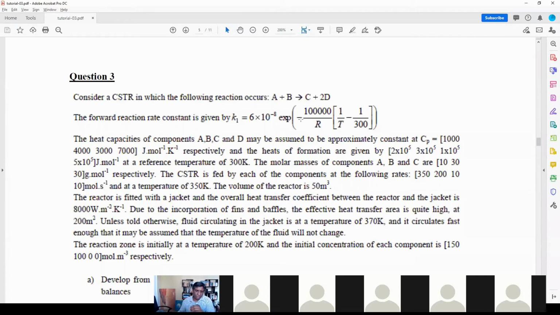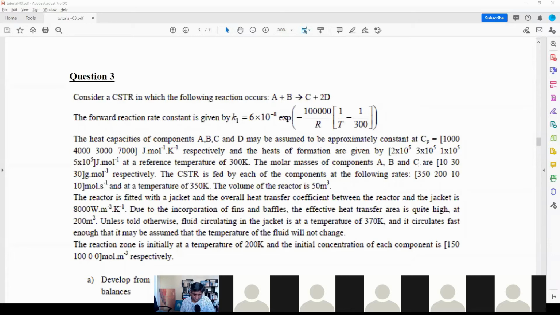And then we are given all the kinetics, fully specifying the kinetic rate constant here. I think we are assuming this is an elementary reaction. So anyway, let's read it properly. We are given the heat capacities of each of the 4 species, the heats of formation as well, and the reference temperature, so we know at what temperature those heats apply.